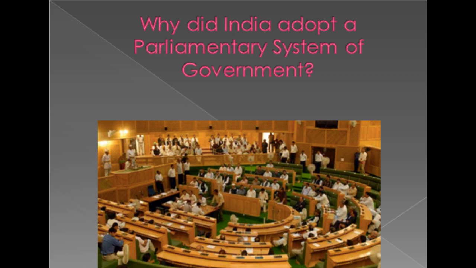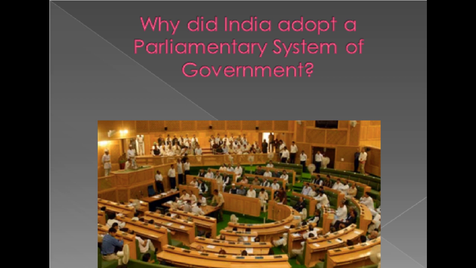So India adopted the parliamentary system of government for several reasons. The development of parliamentary institutions started during British rule. The British rulers governed in accordance with this system, and that is how they were governing us.